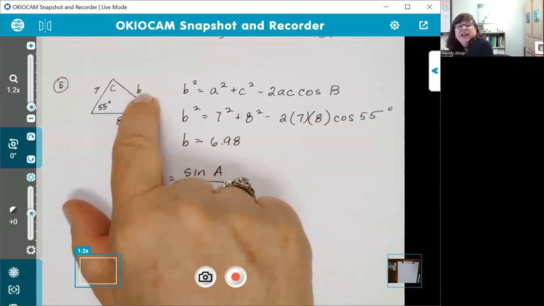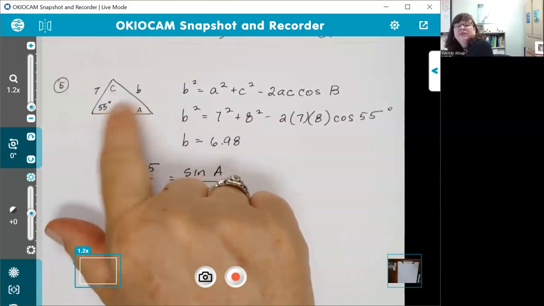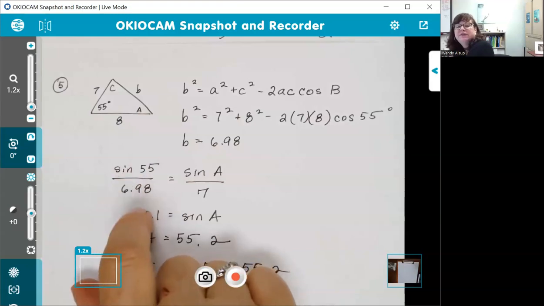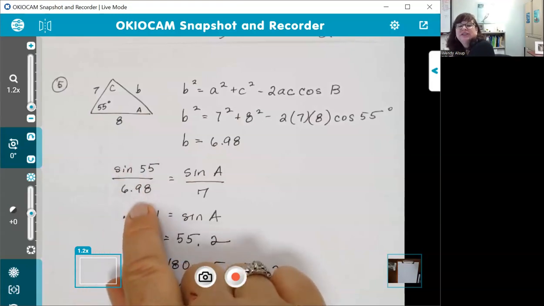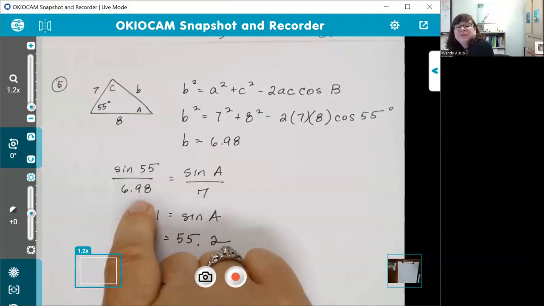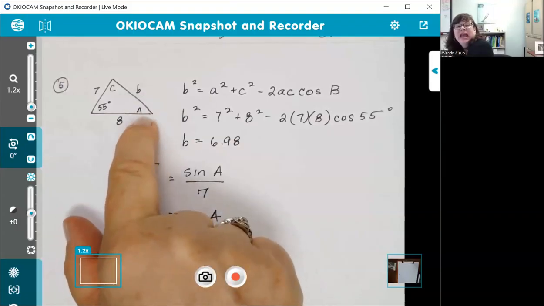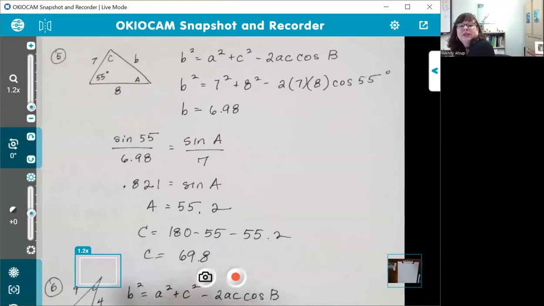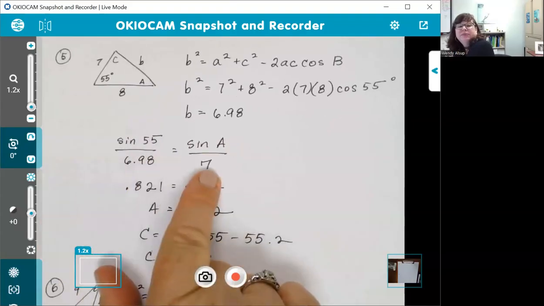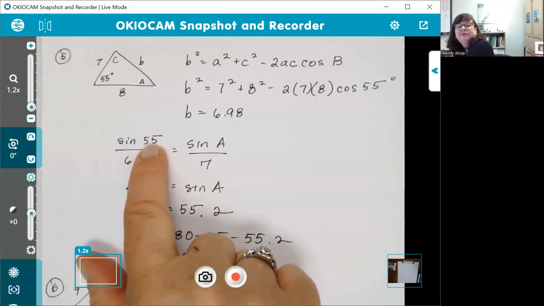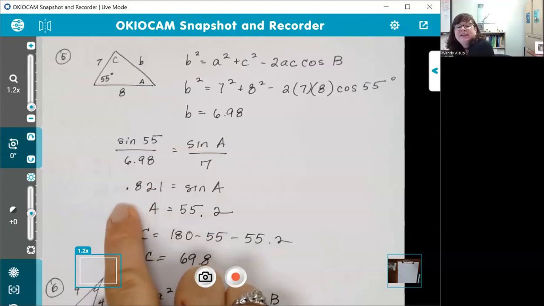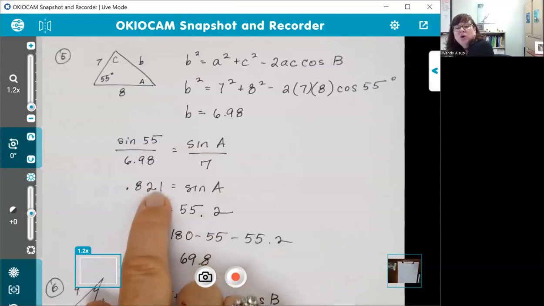Okay. Well, now, once you know an angle and the side across from the angle, you can use your law of sines. So the sine of 55 is to 6.98 as the sine of A is to 7. So I cross multiplied, 7 times sine of 55 divided by 6.98 gave me 0.821.